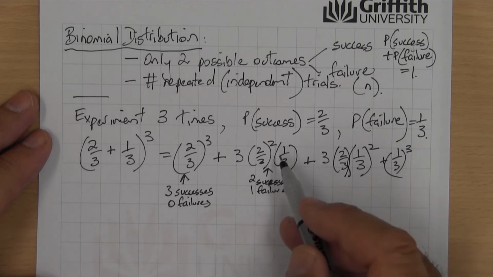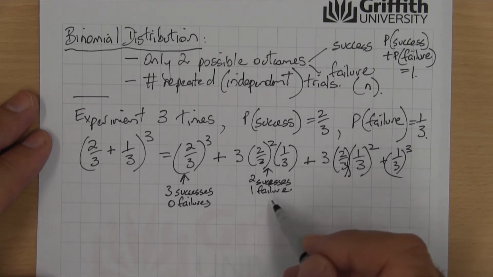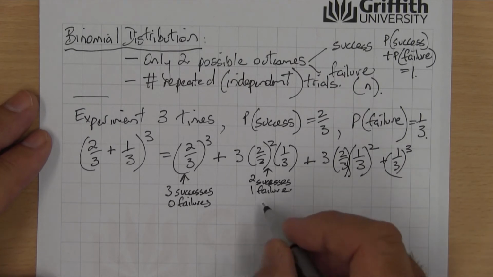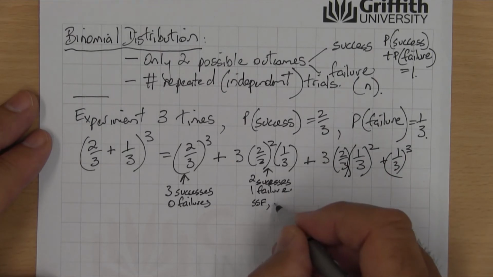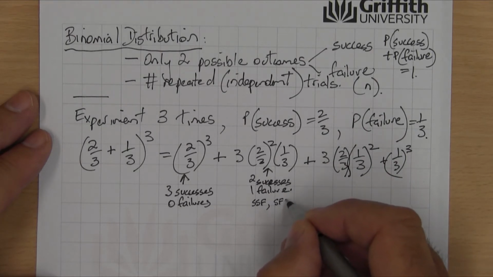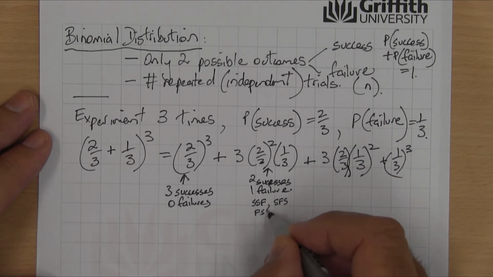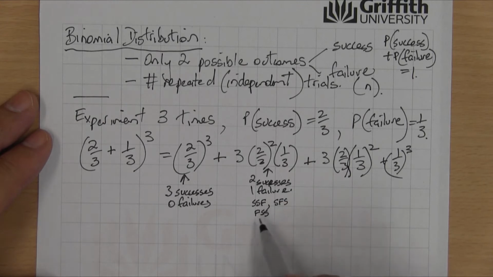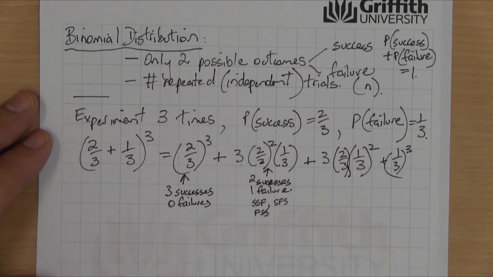If you get 2 successes and 1 failure, how many different ways can you get that? Well, you could get success, success, failure. That's 2 successes and a failure. You could get success, failure, success. Or you could get failure, success, success. So there are 3 ways you could get 2 successes and 1 failure. And that's why we've got to multiply that by 3.